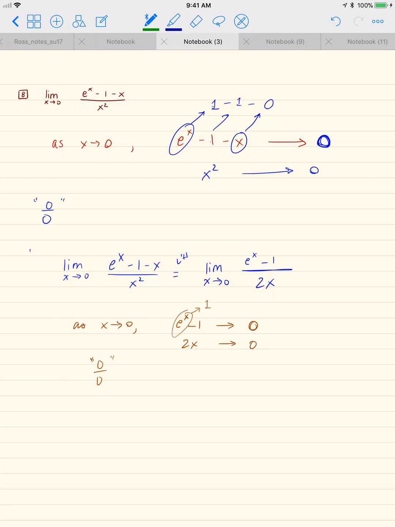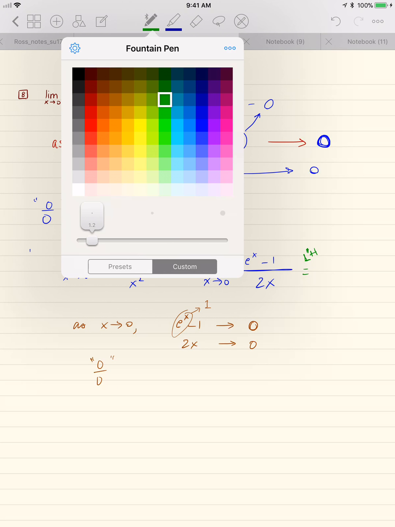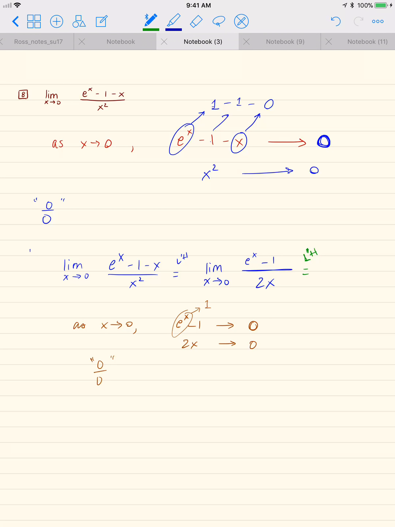You can say this is equal to, according to L'Hopital's rule, the limit as x approaches 0. Now I need the derivative of the numerator, which is e to the x, and the derivative of the denominator, which is 2.